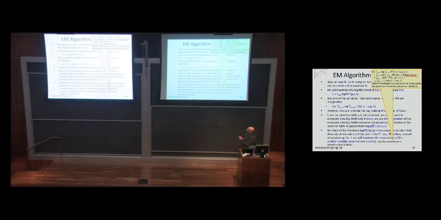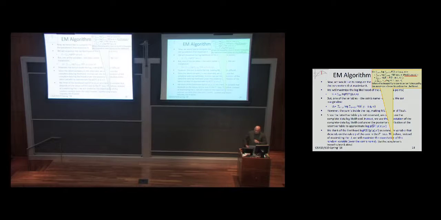So if I take 2 points, this and this, and I take their average, the average is going to be below the function because the function is concave. So it goes like this. You see, the log of this point is larger than the average. And therefore, I can say that this is greater than this.